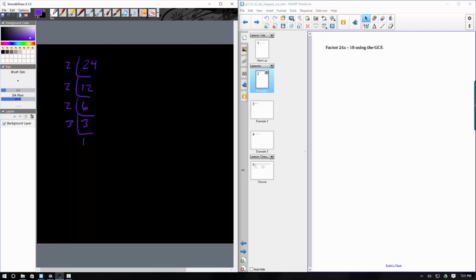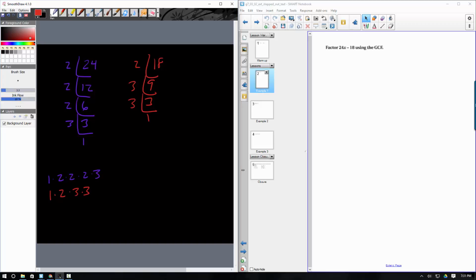So my prime factorization is 1 times 2 times 2 times 2 times 3. And then I'll do another color here. And I'll do 18. If I do that, I have 2, 9, 3, 3, 3, 1. So I'll put this down here. And I have 1 times 2 times 3 times 3.